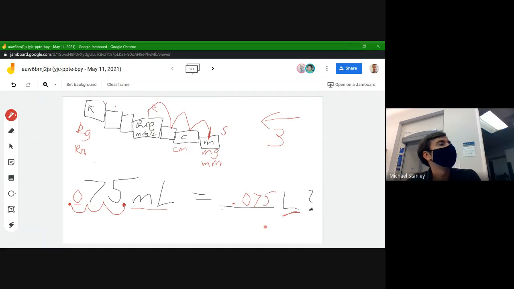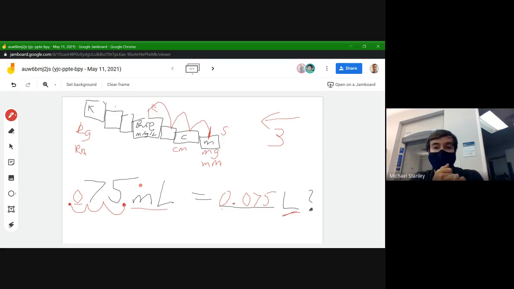You could also write it without the leading 0, it's the same thing. I like putting the 0 out here in front just because I feel weird leaving a little decimal point all by himself. But exactly, 75 milliliters is the same thing as 0.075 liters.